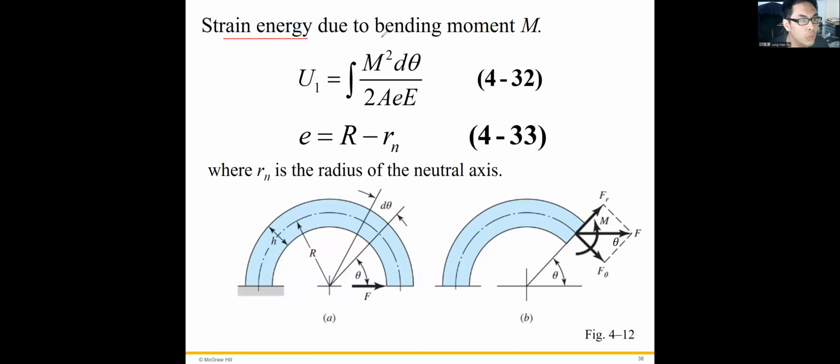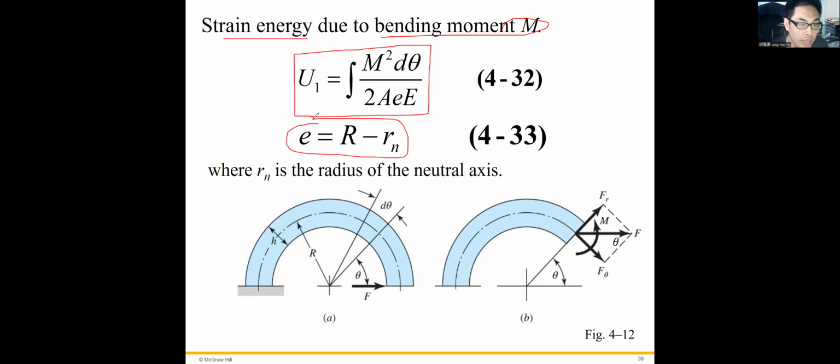So the strain energy due to bending moment M, from the previous, maybe last week's class, we already know for the eccentricity of the curved beam, the eccentricity e equals R minus Rn.